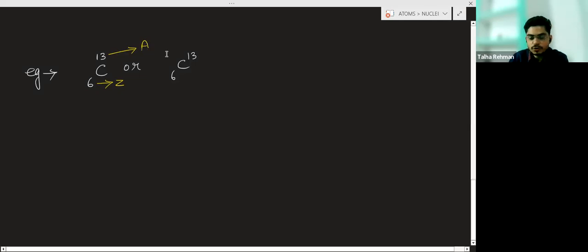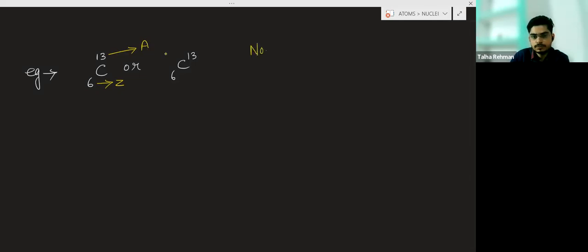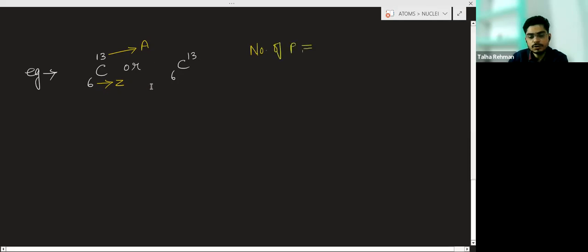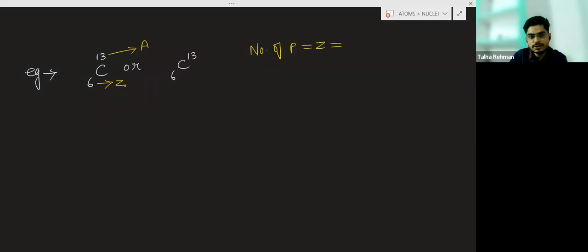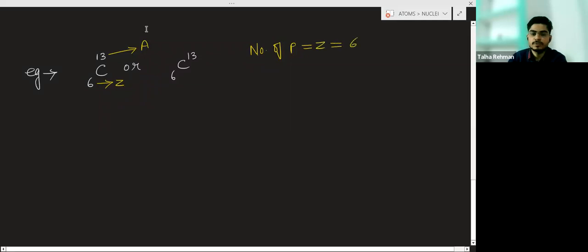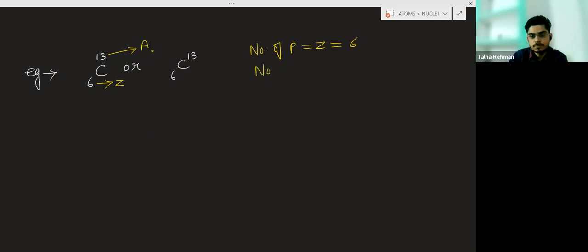Now we have to find the number of protons. Number of protons is equal to the atomic number. And what is the atomic number? 6. So number of protons becomes 6. Now, what is number of nucleons?